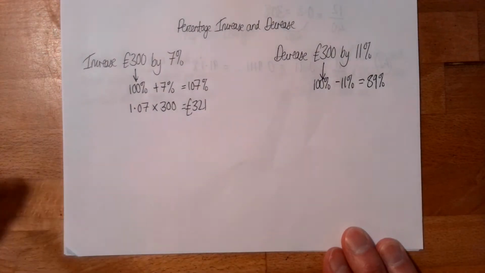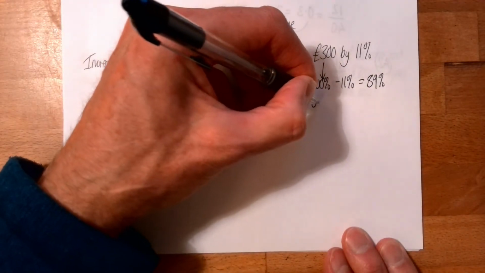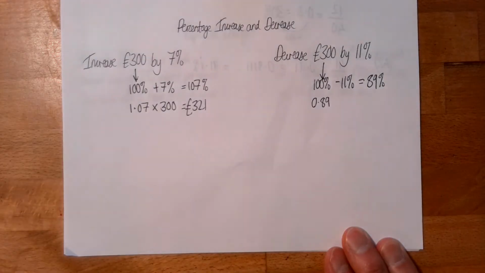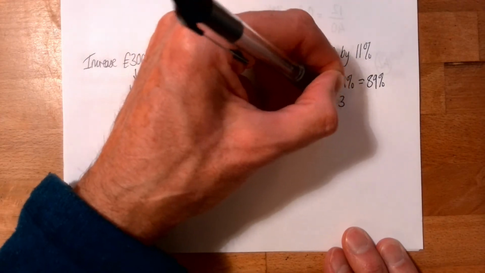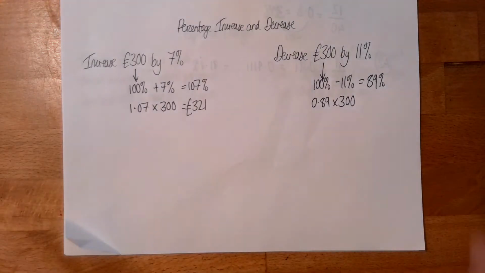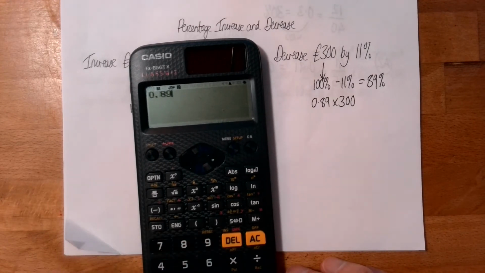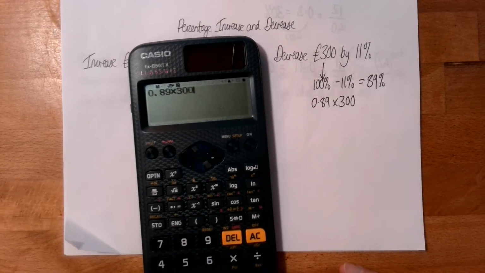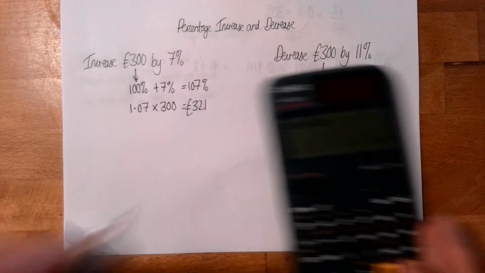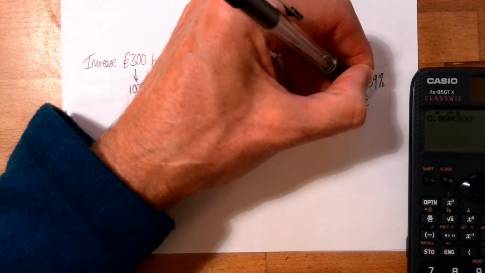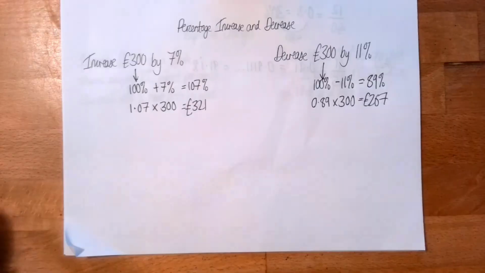So I use the decimal equivalent of 89%, 0.89, and multiply it by 300. So here we go, 0.89 multiplied by 300. And that's the final answer. I don't have to add anything or take anything away.